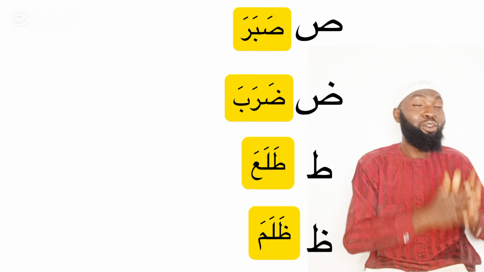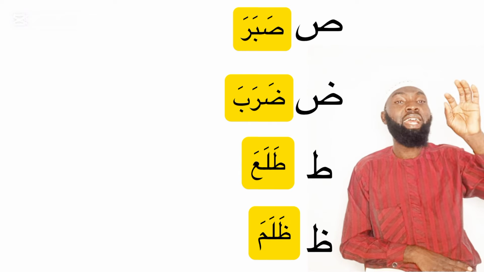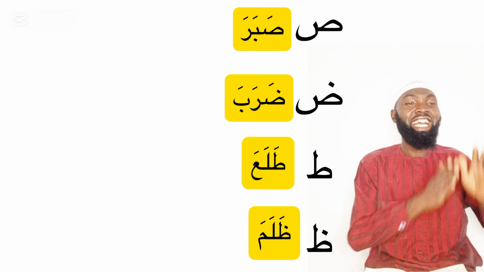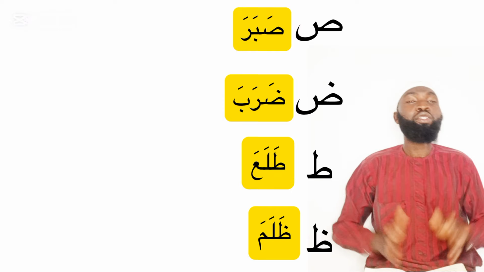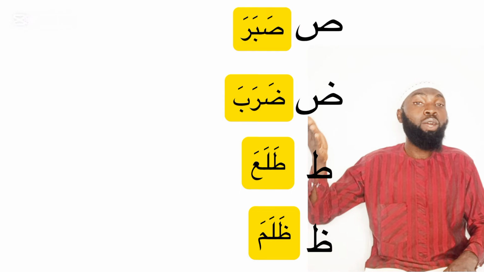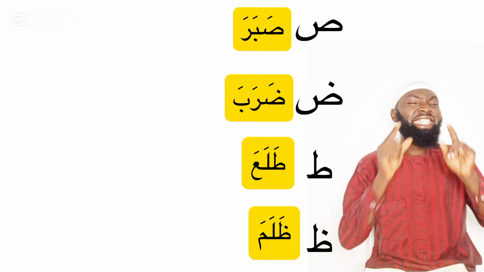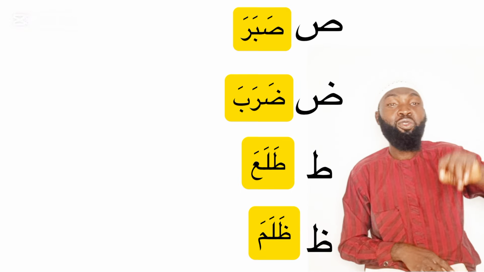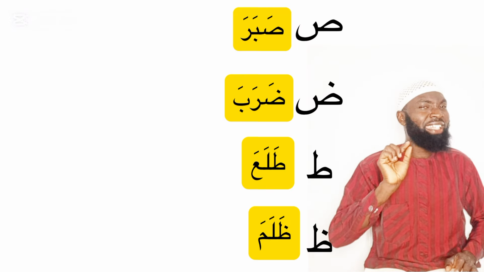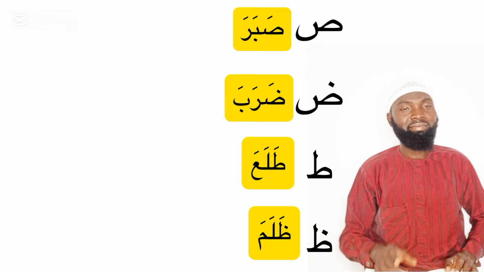You can see all of these four words begin with one of these four letters in their original three-letter form. To form them into the pattern of ifta'ala, which we are discussing, the ta of the pattern which is to be added will be changed to ta.